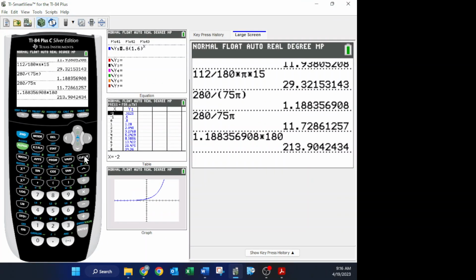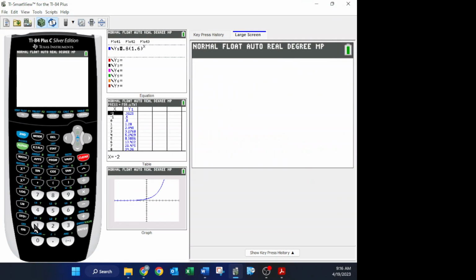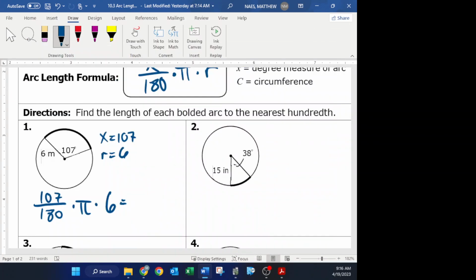So we take our calculator, 107 divided by 180 times pi times 6. And you get 11.21. Rounding to the hundredths place, 11.21, and it's in meters, so meters.